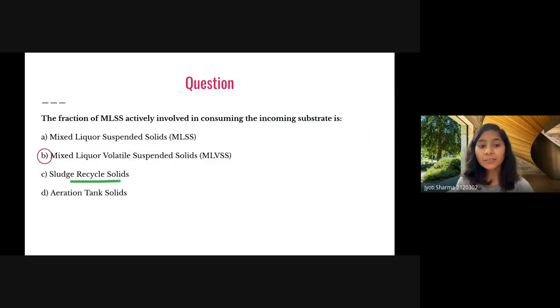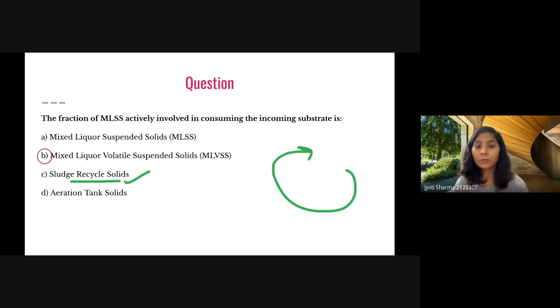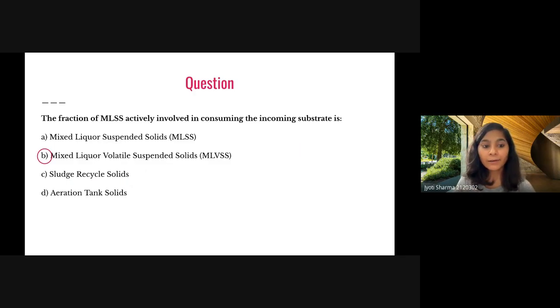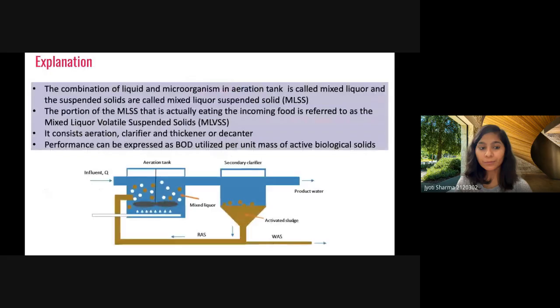Sludge recycling solids are the microorganisms that we recycle back into the aeration tank after sludge formation. This is not exactly the portion that is involved; it may or may not consume the incoming substrate. The sludge recycling solids are first part of MLSS, and then they may or may not be MLVSS. That's how B is the right option.